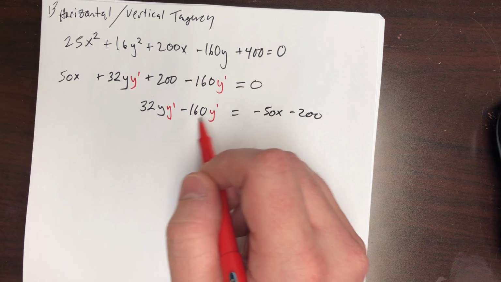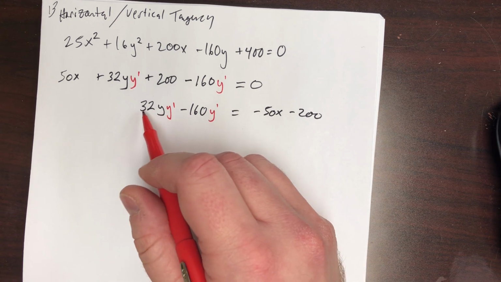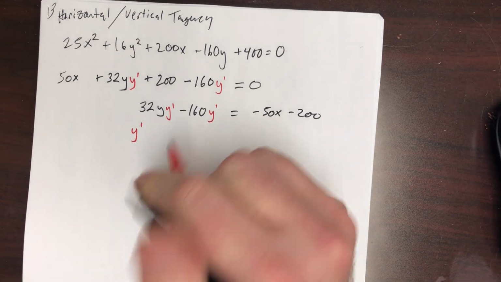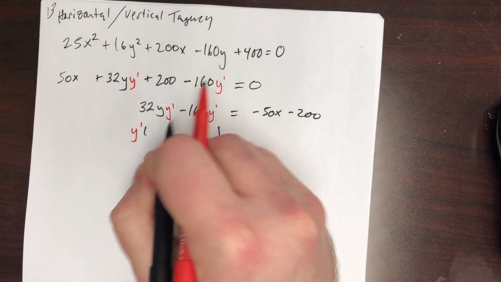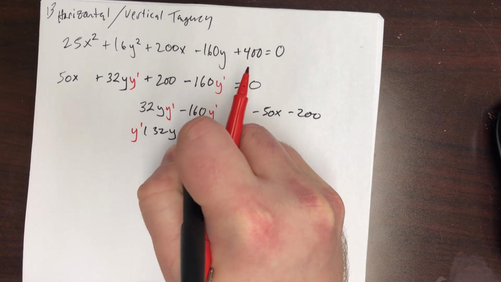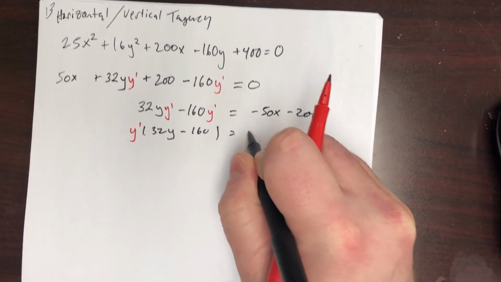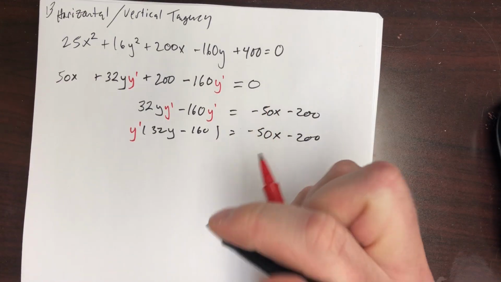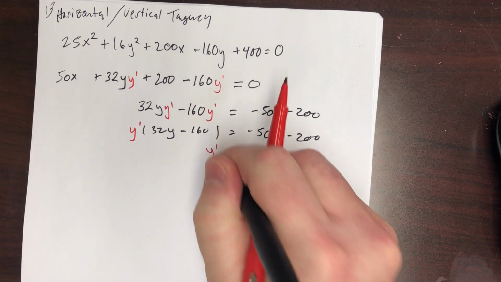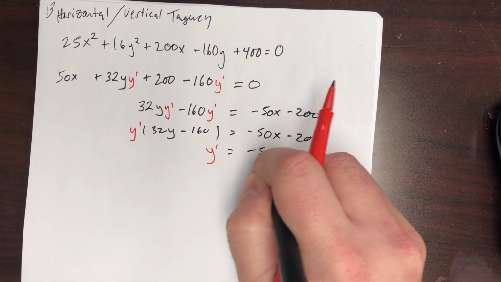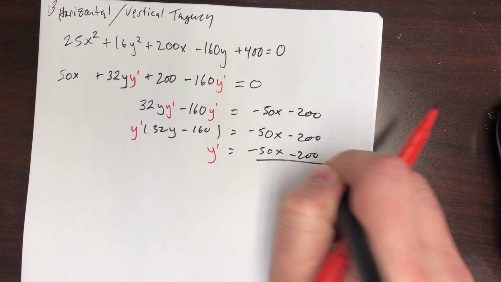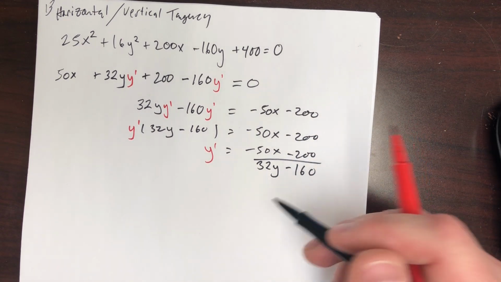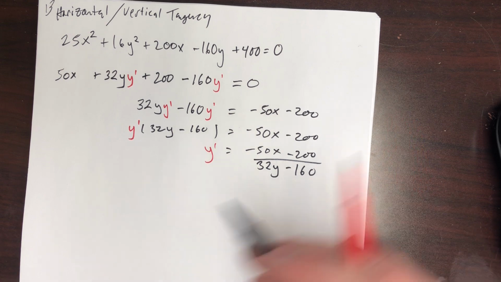I know I'm going to factor the y prime out of both of those and divide by the 32y and the minus 160. I won't do that for the sake of this video. For instructional purposes, I want to be as helpful as possible. So now when I divide both sides by that, we get y prime is equal to negative 50x minus 200 over 32y minus 160.